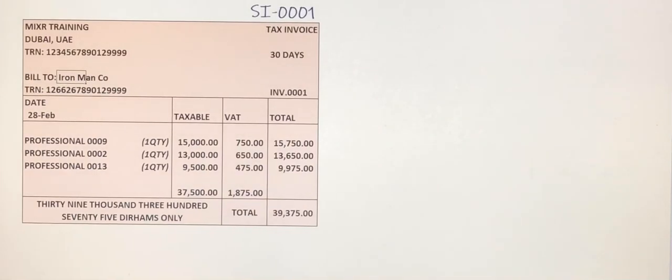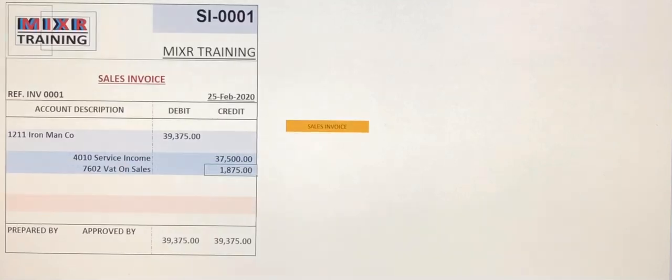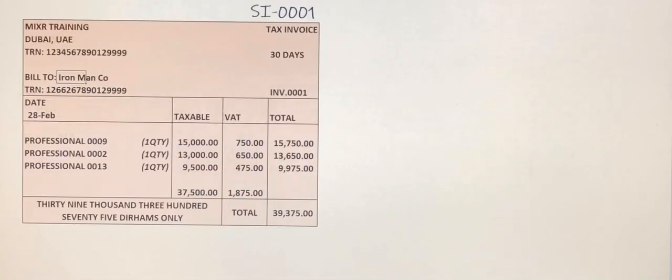The invoice amount is 37,500. Okay. So the VAT on sales is 1,875. Should be the same with our invoice. 1,875. Perfect. 39,375. Alright.